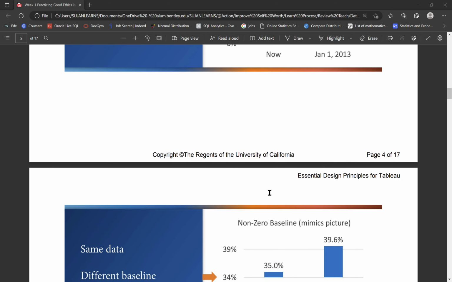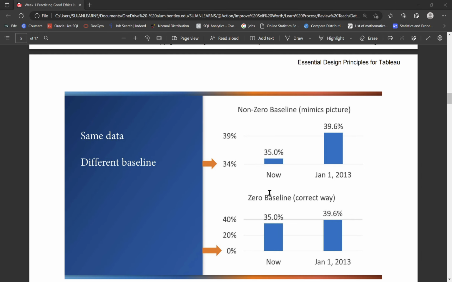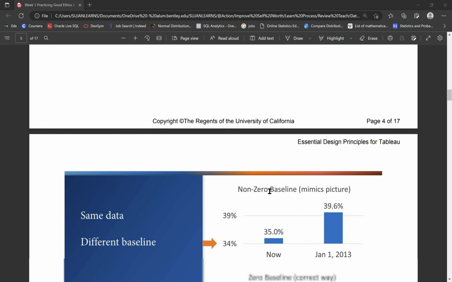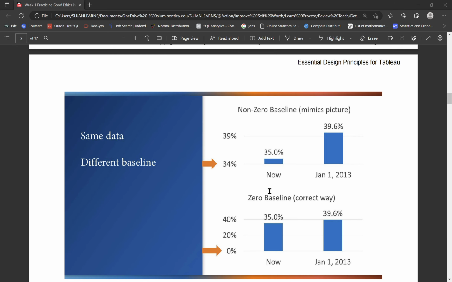Therefore, we need to always use the graph with a zero baseline, and that's always the correct way to do it. Here in this graph, in the correct way, it goes from 0 to 40%, while in the non-correct, non-zero baseline way, it goes from 30 to 39%.